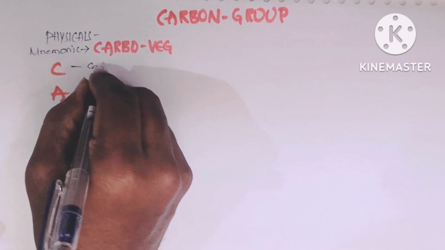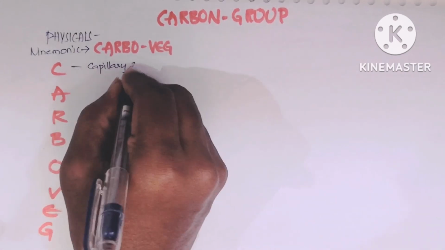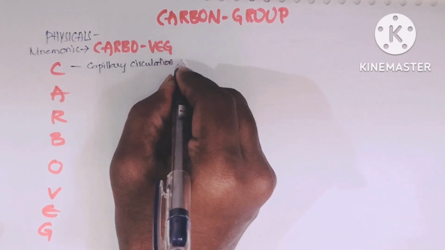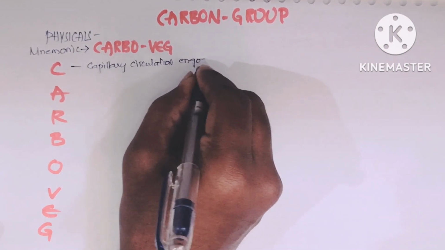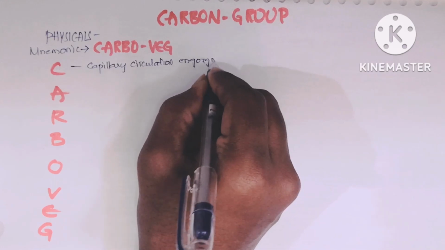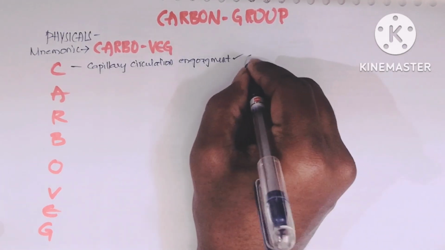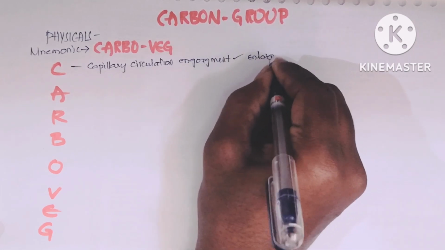C for the capillary circulation and engorgement. Capillary circulation engorgement means enlargement of veins.